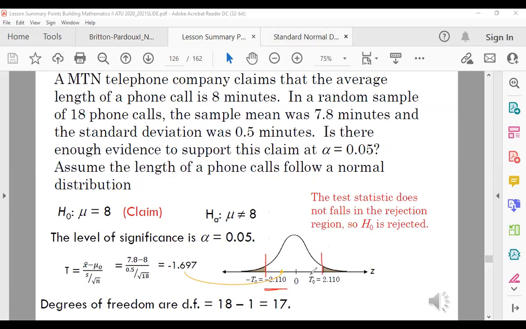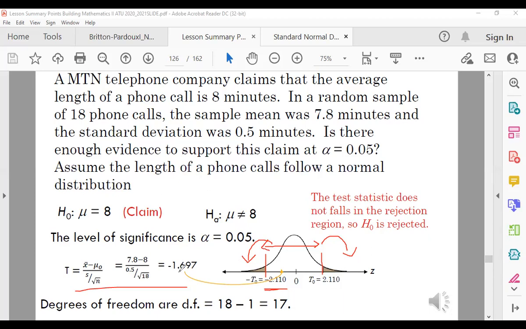Any value you calculated, if it falls on the left of the minimum, you reject. If it falls on the right of the maximum, you reject. But if it falls in between the two, this is an acceptance region.